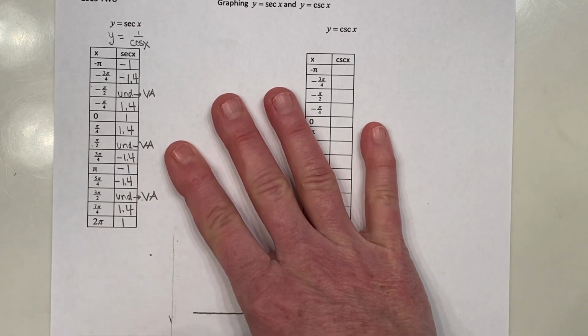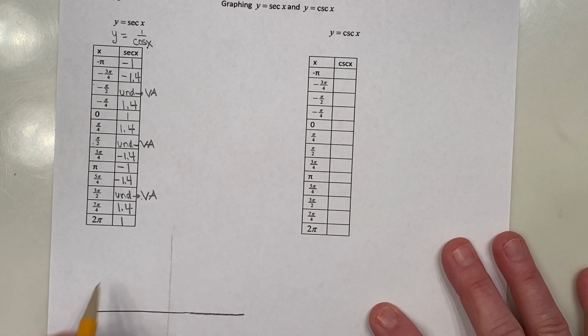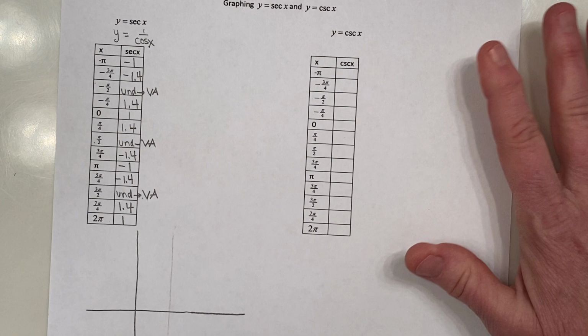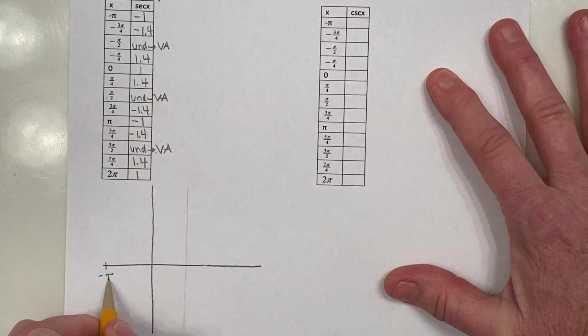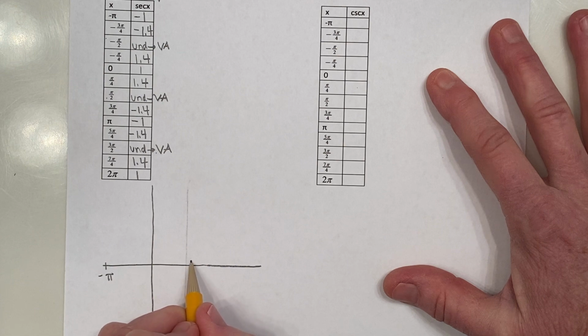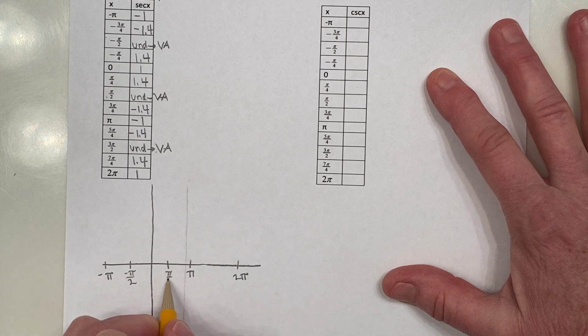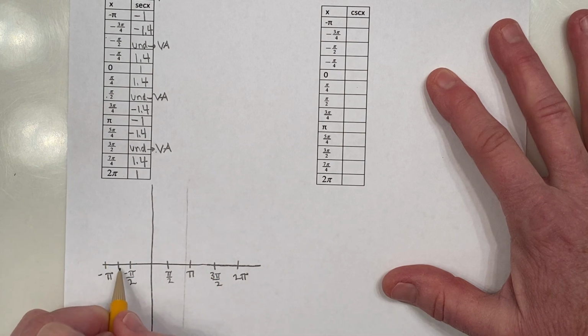Actually, I am going to move this y-axis over just a tad. All right, so -pi maybe is right here, positive pi, and 2 pi. And then for the fourths, we'll just fill in these tick marks.